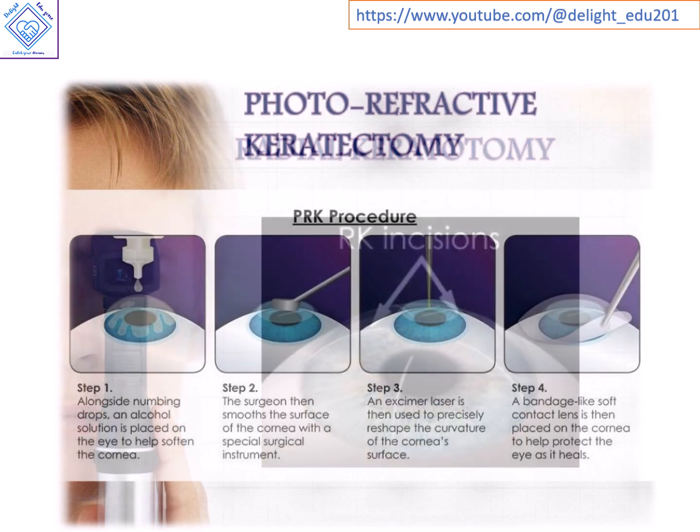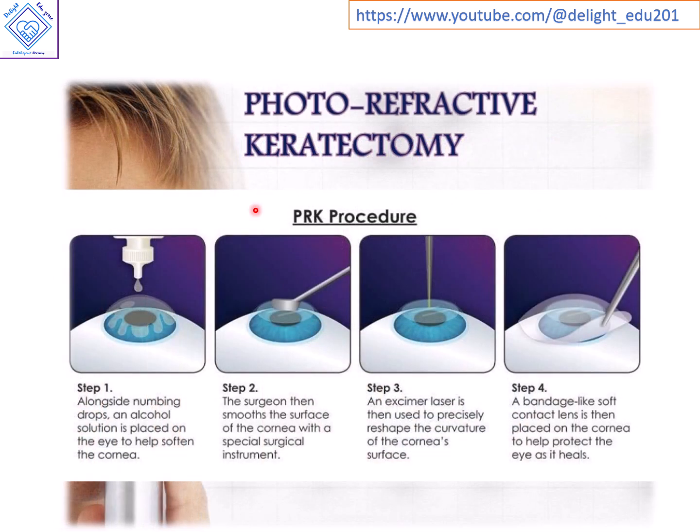Second one is the photorefractive keratectomy. So they anesthetize or put numbing drops over the eyes, and it will soften the cornea. Then the surgeon smooths the surface of the cornea with a special surgical instrument.